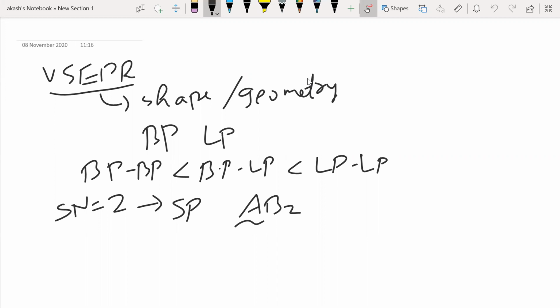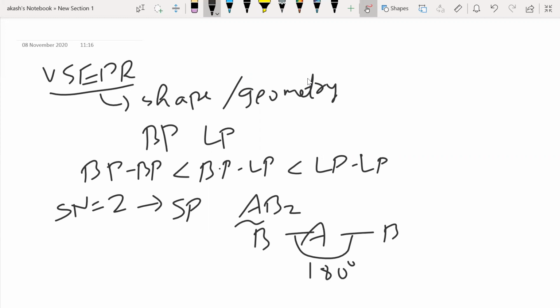I have to make sure that the electrons are as far away from each other as possible, so that the repulsions are minimum. The only way I'll be able to do that is when I put the structure like this, where the bond angle is 180 degrees. That is the maximum distance I can have.